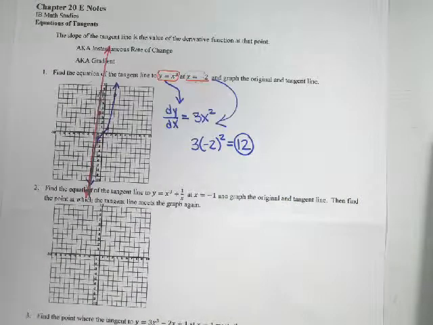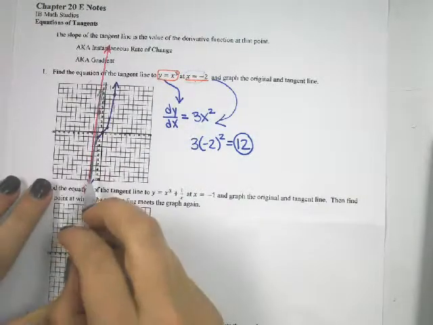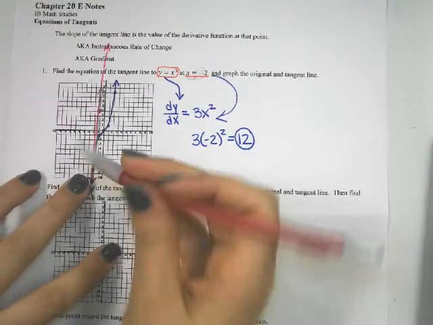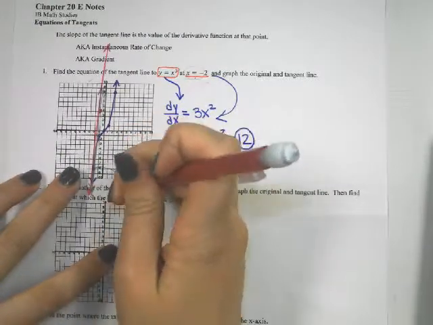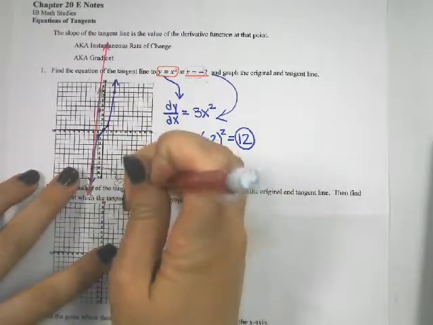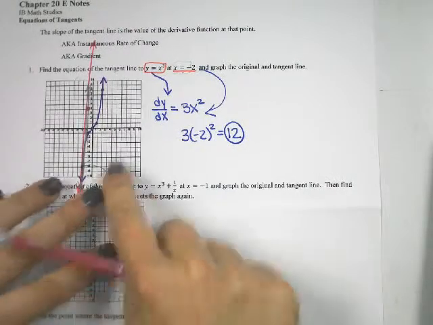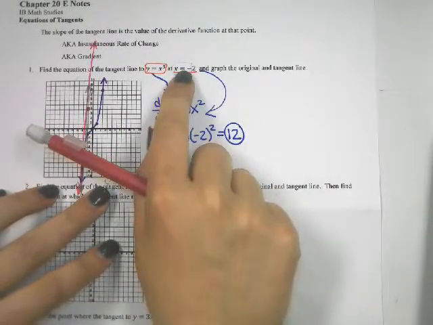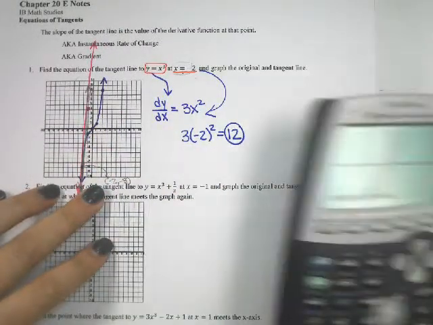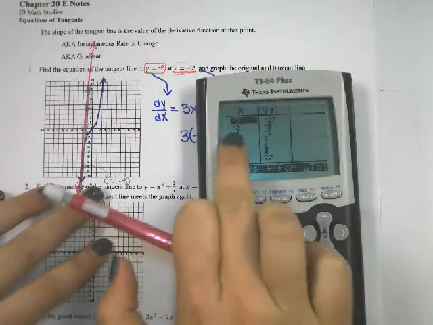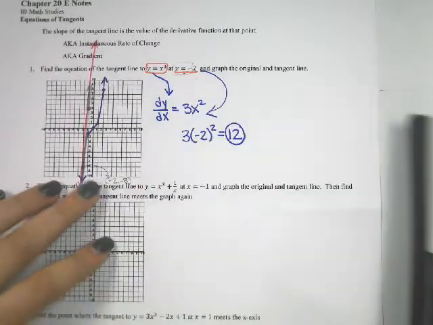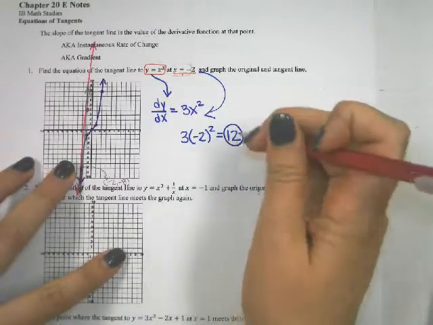So now we have to go back to Algebra 1 where we write the equation of a line given a point and given a slope. So the point that I know is on the line is this point right here, -2, -8. I'm trying to find the slope at this point, -2, -8. If you look at my table, there it is. So that's that point.